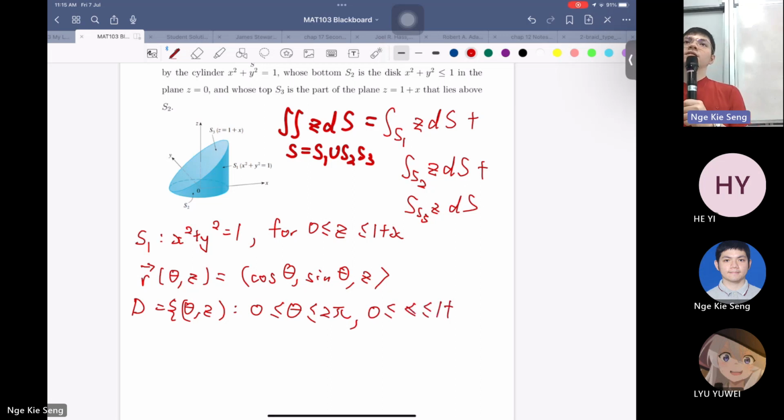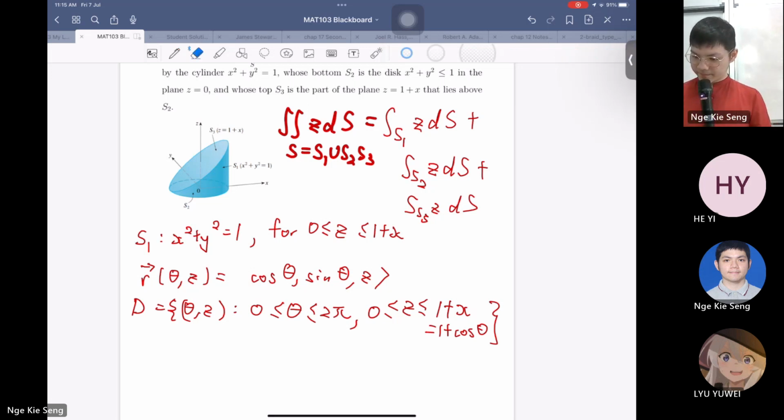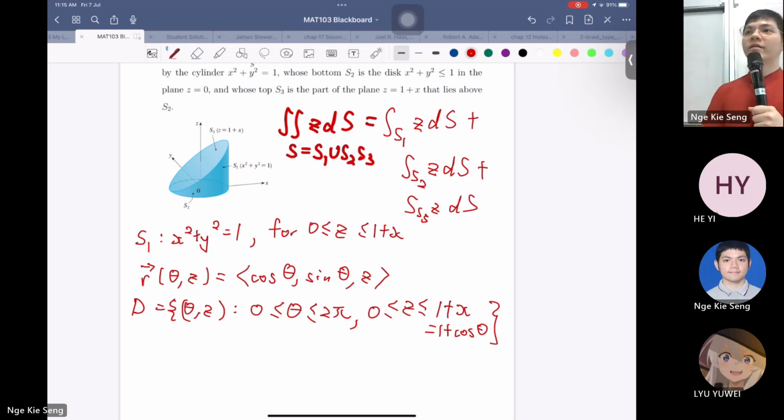So 1 plus x in here is what? 1 plus cosine theta.